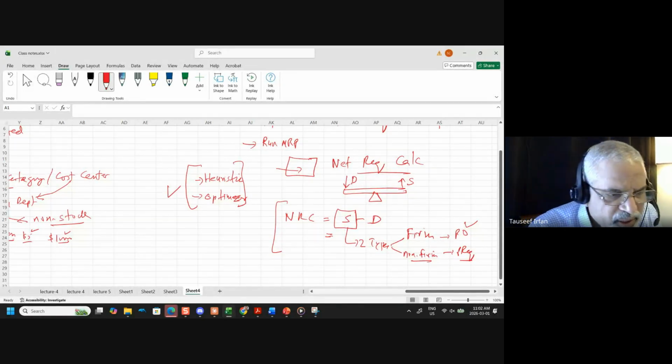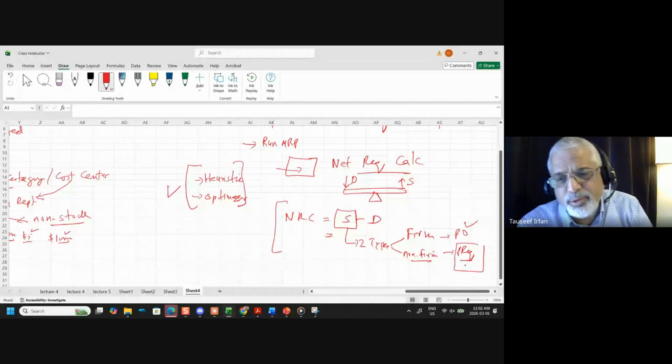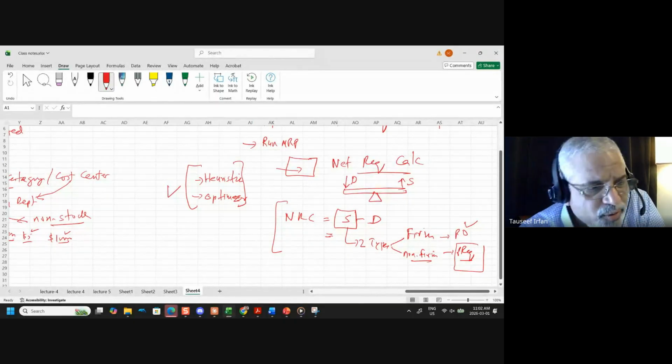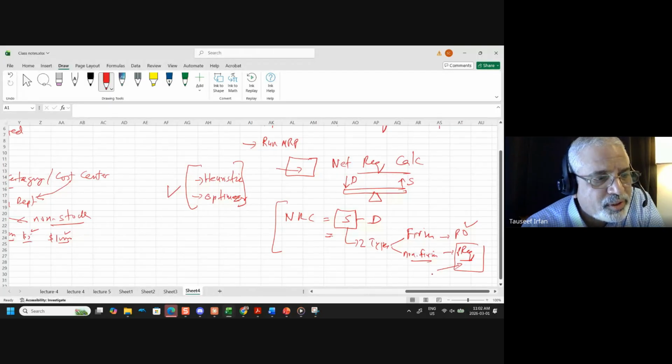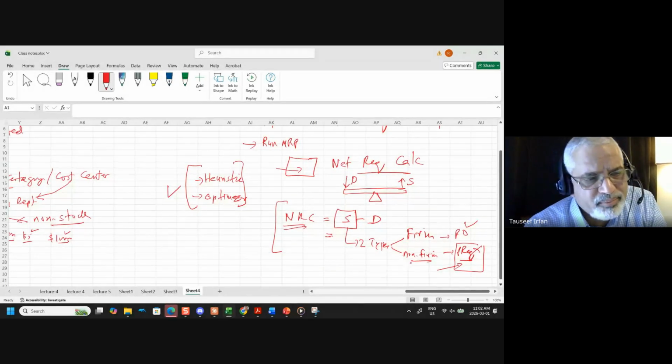Everybody understood the difference now? They both are supply, but the buyer will say, I have purchased, but you say, man, this is a purchase requisition sitting on your desk, in your laptop. The supplier has no idea that you have a purchase requisition. I cannot consider this in my net requirement calculation. Agree?